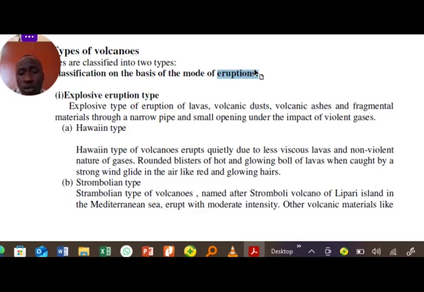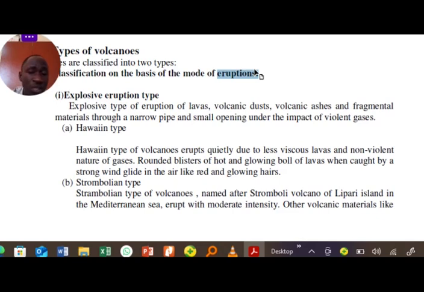These Hawaiian types of volcanoes are quite different compared to the Strombolian types. The Strombolian types are known for having moderate magma tending to flow at a moderate intensity, whereas the Hawaiian types of magma are viscous, or we can call them non-violent natural gases that tend to be moving within the Earth's interior.